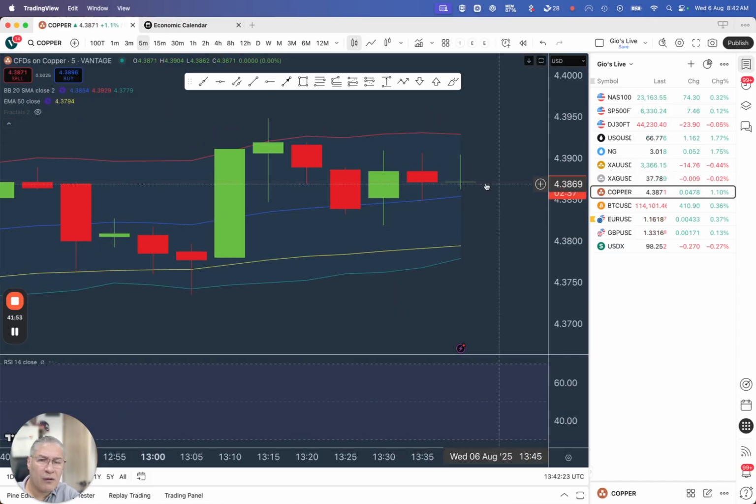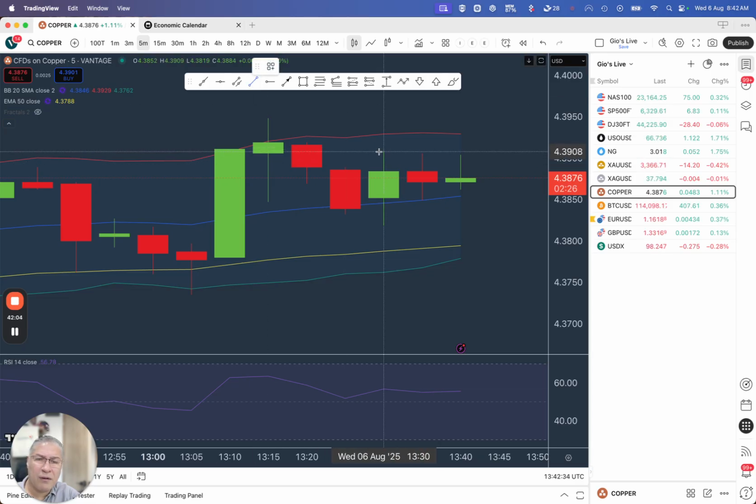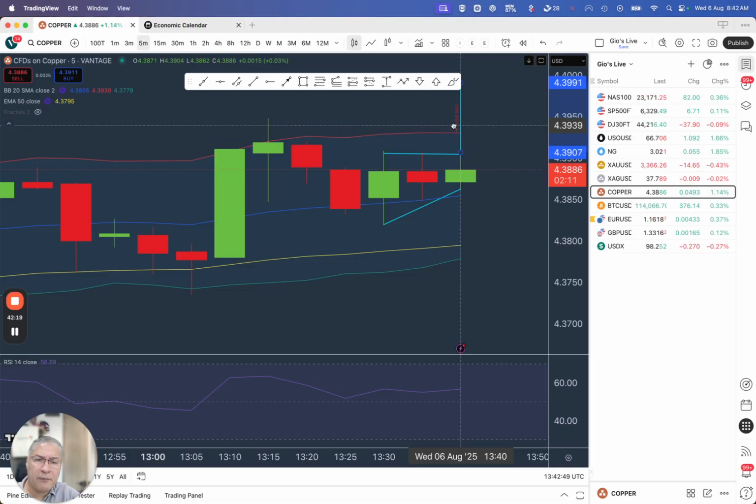Copper, Doji, but it is basically making an ascending triangle, if you will, on this 5-minute candlestick chart. So will the opening direction be to the upside or to the downside?